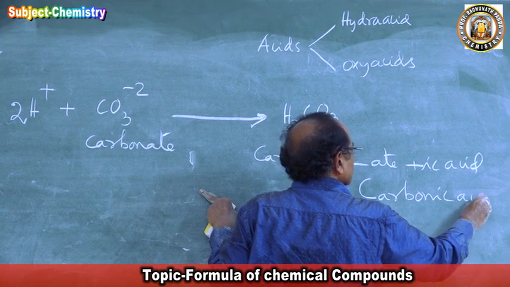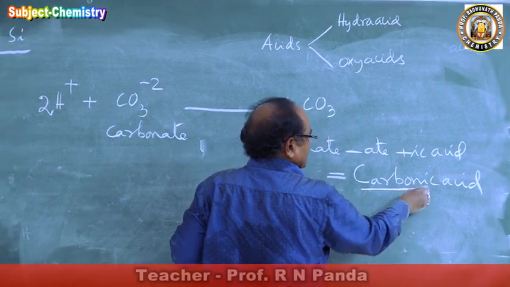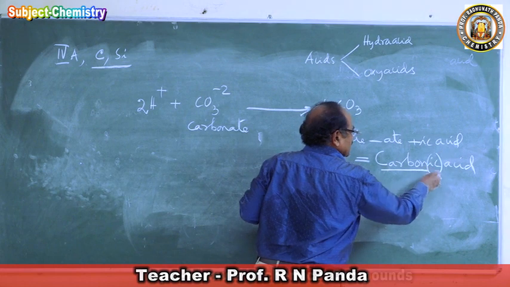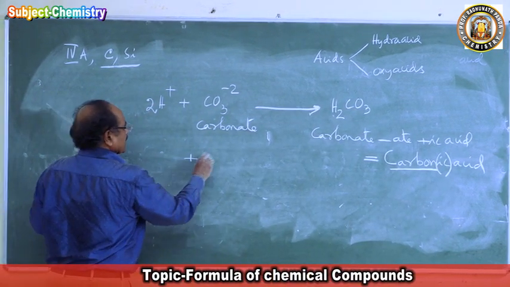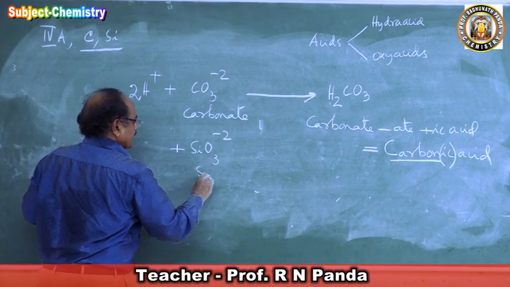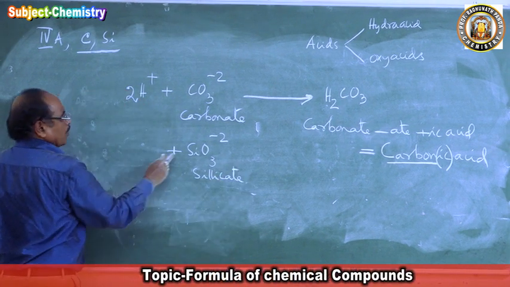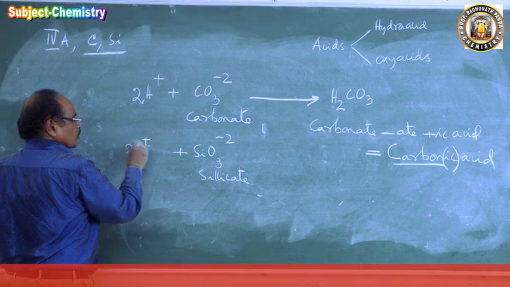So if somebody asks you, write the formula for carbonic acid, immediately you will catch it must be from carbonate. Why? Minus ATE plus IC. Now we'll come to silicate. SiO3 minus 2. What is this? Silicate. So how many negative charges? 2. So how many protons will be there? 2 protons.